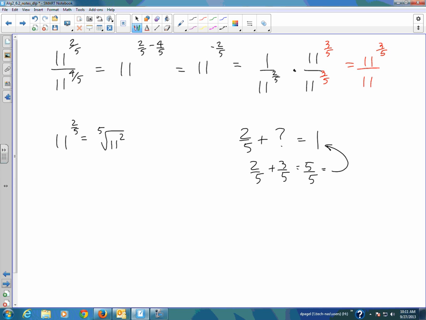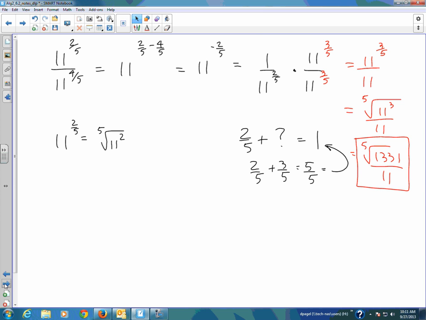And then if I wanted to write that as a radical, I have the 5th root of 11 cubed, and that's the same thing as the 5th root of 1331 over 11. And we're going to write all of our problems in radical form. We're not going to leave them in exponential form. So there are a couple more difficult problems from the text.